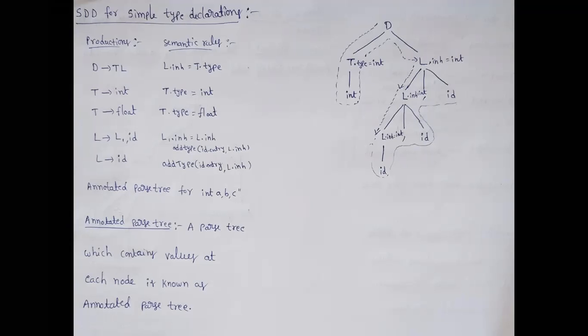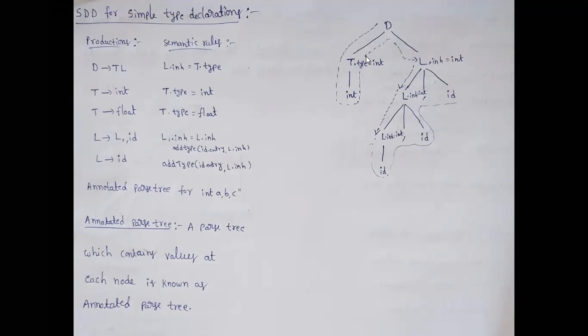In this traversal if we are having any reduction, then we need to replace that reduction with the corresponding semantic action.